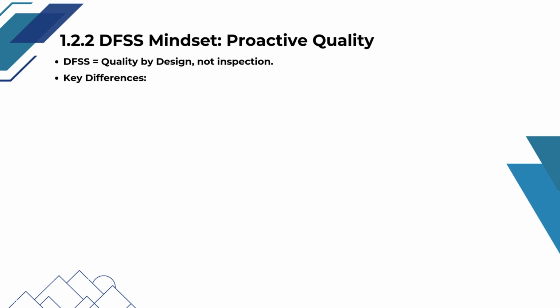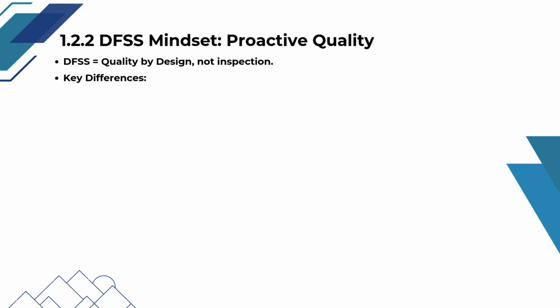The DFSS mindset emphasizes proactive quality, focusing on designing processes, products, or services that are right the first time rather than fixing defects after they occur, contrasting with DMAIC, which is reactive and seeks to improve existing processes within current constraints.